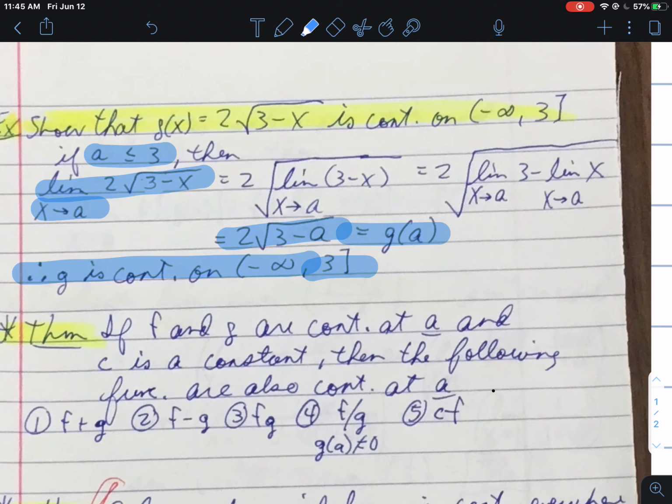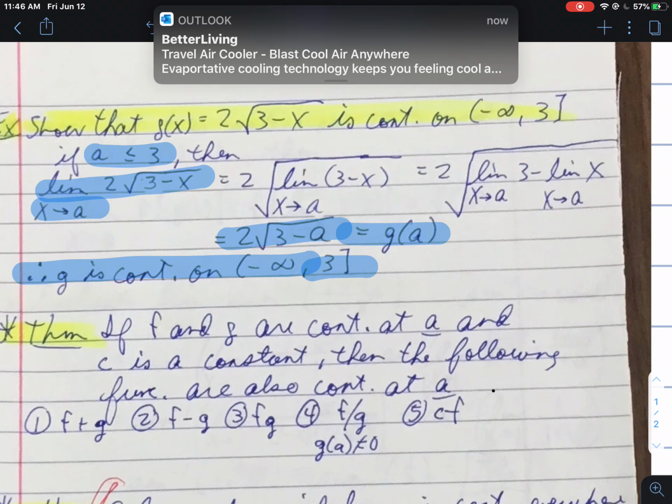I'm not going to ask you to do anything like that on a test. It's just an illustration of how we can use that definition for a broader application. Instead of just a single value, I use it to show that we have continuity over an entire interval.